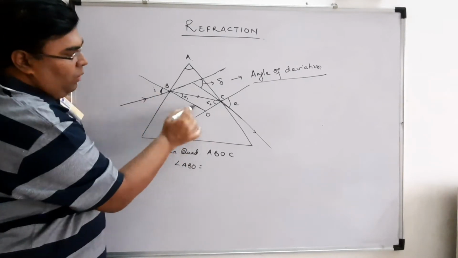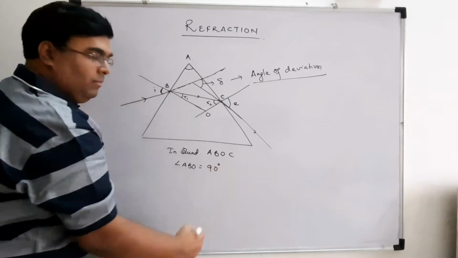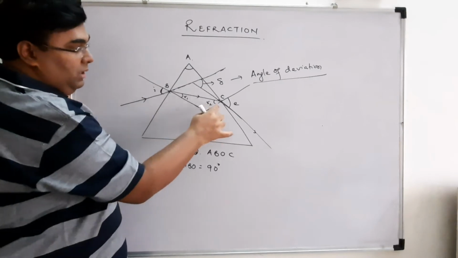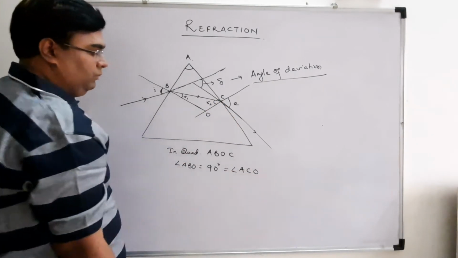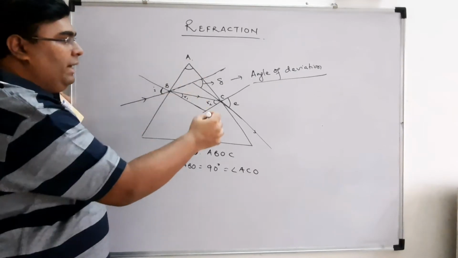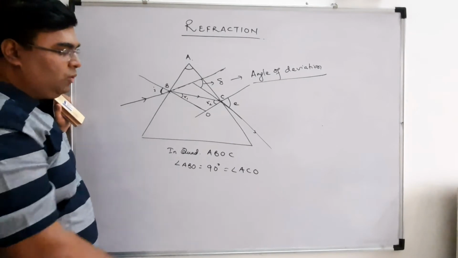Since this is my normal, it is 90 degrees. Similar thing we can say about angle ACO. Angle ABO and angle ACO are both perpendicular and equal to 90 degrees.